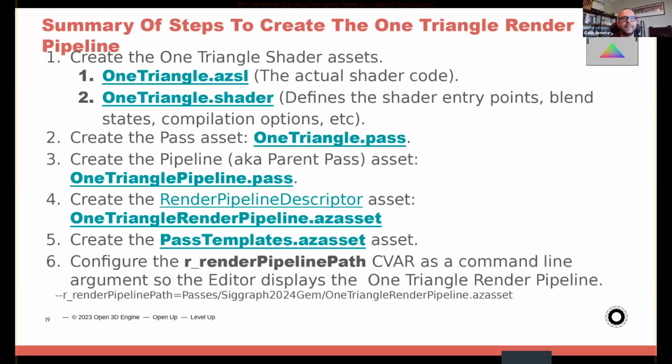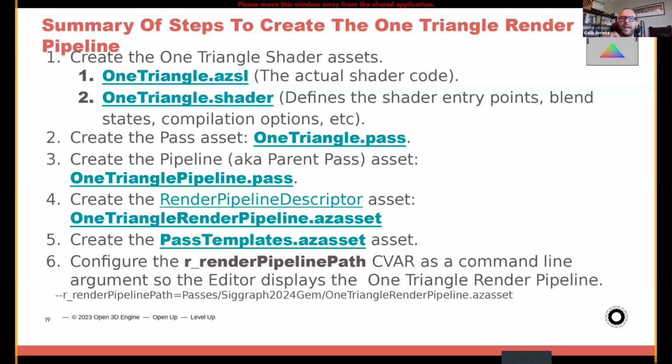So what are the basic steps to create a very simple pipeline? The first thing is that we need to have an asset, a shader asset. This is what we call the shader code, the vertex and pixel shader. Then, of course, we need what is called the shader file, .shader, which is basically a file that defines the entry points.